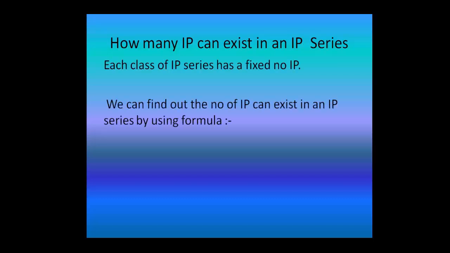Each class of IP has a fixed number of IPs. We can find out the number of IPs that can exist in an IP series by using the formula. Always keep this formula in mind. 2 raised to power x is the total IP. What is x? X is the number of 0s in a subnet mask.